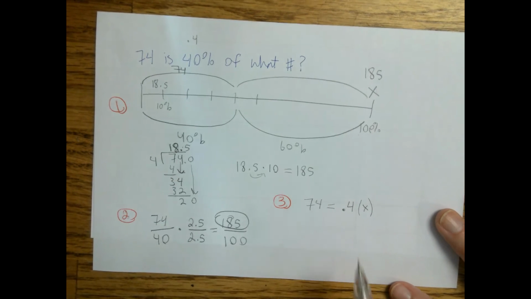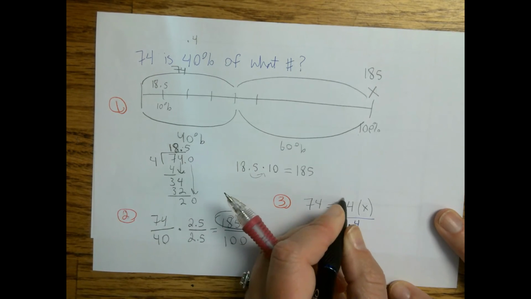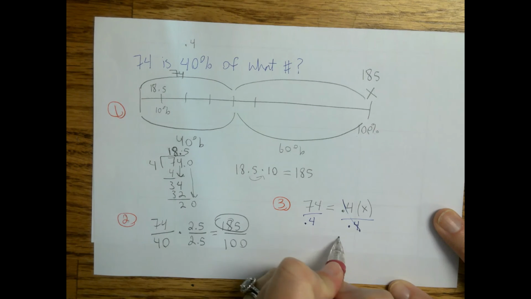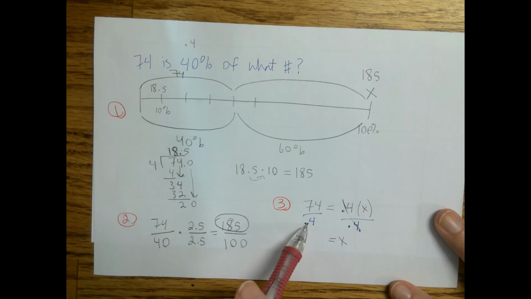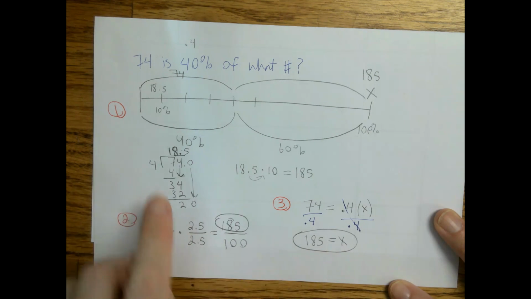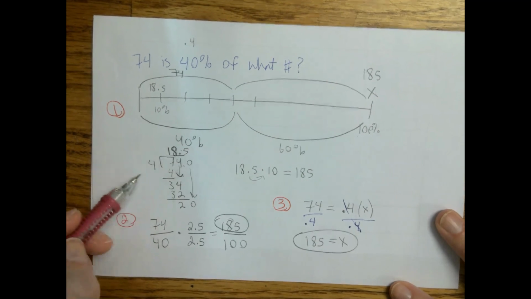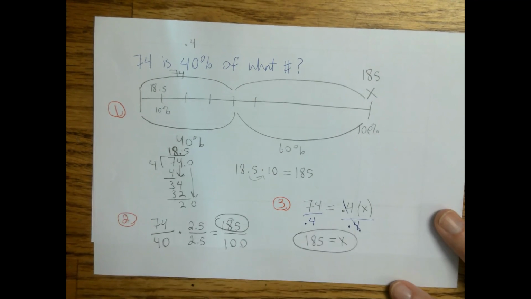To undo multiplication, you do division. So if I divide this by 0.4, those will go away, but I have to also divide this by 0.4. So if I divide 74 by 0.4, I'll get my answer of 185. You can see that division problem here, except I had it as 4, so that's how I got the decimal. But if I put 0.4, then that decimal would end up moving out, and you would get the same answer. So that's 3 different ways of solving this problem.